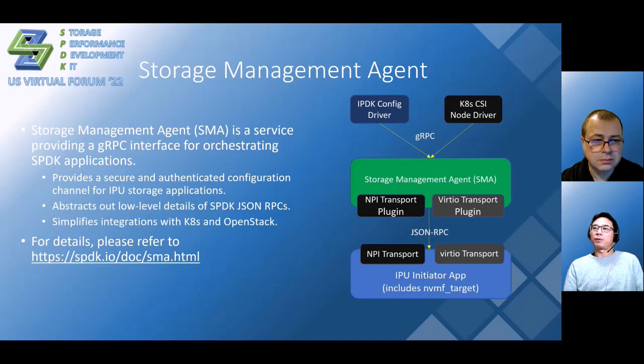If you support virtio-blk, you can do something similar: just add another virtio transport plugin to enable virtio-blk specific configuration, and still leverage the top-level APIs, the RPC calls exposed by SMA to orchestration frameworks, for example the Kubernetes CSI driver. So this is a very good design, quite flexible for supporting different IPU and DPU storage initiators.